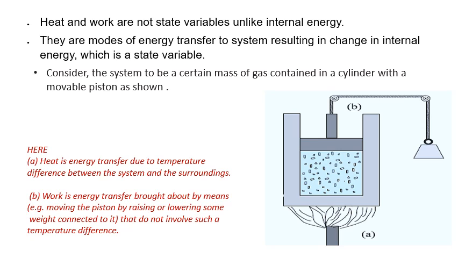And in part B of the figure, work is energy transfer brought about by means that do not involve such a temperature difference, for example, moving the piston by raising or lowering some weight connected to it.